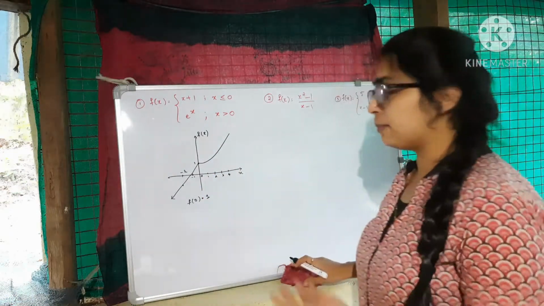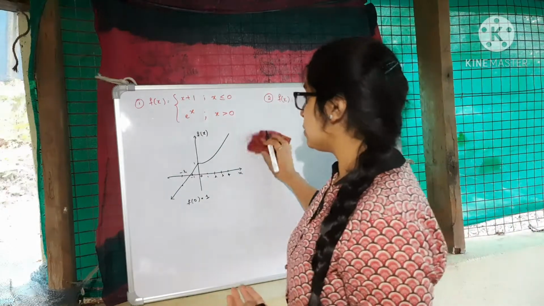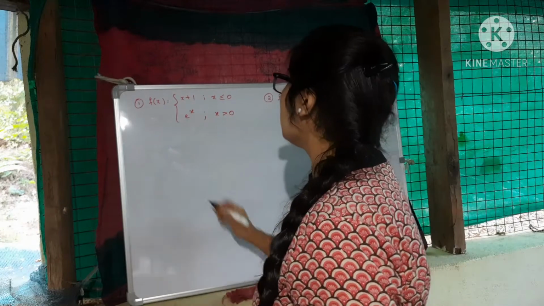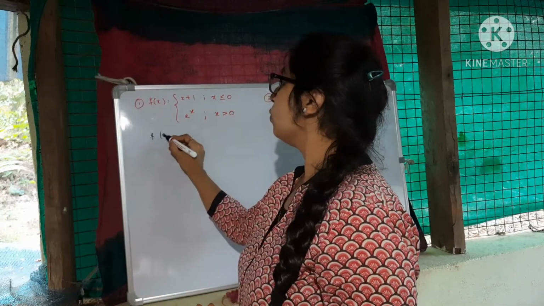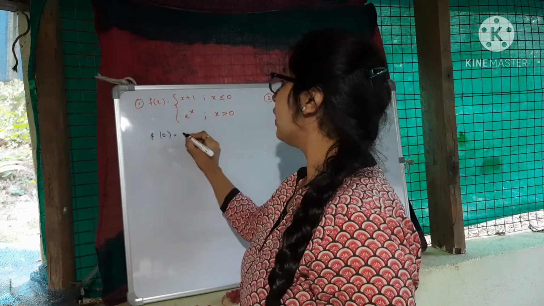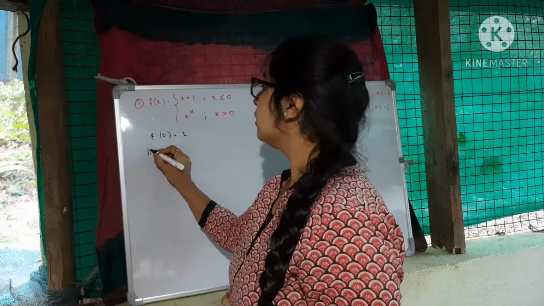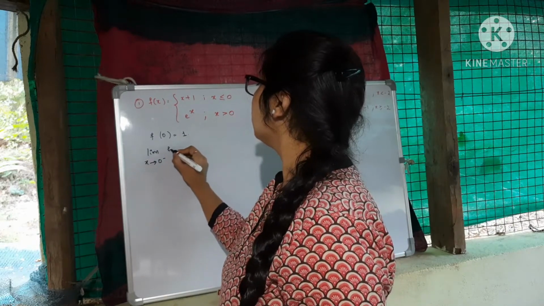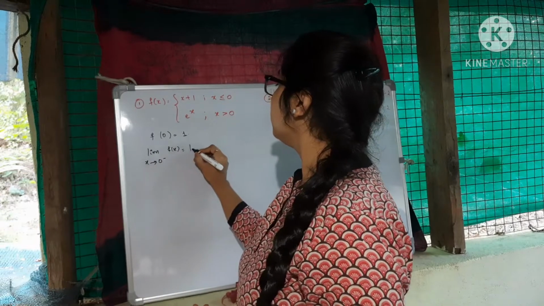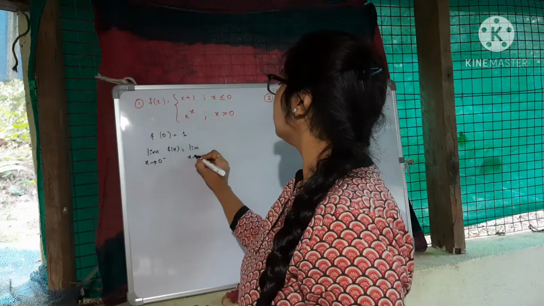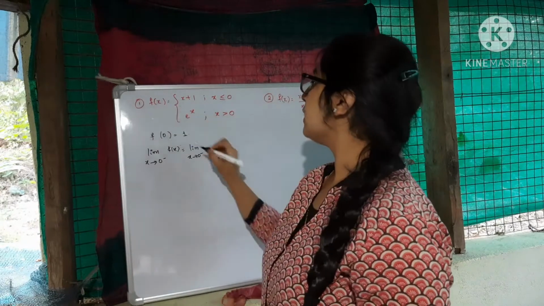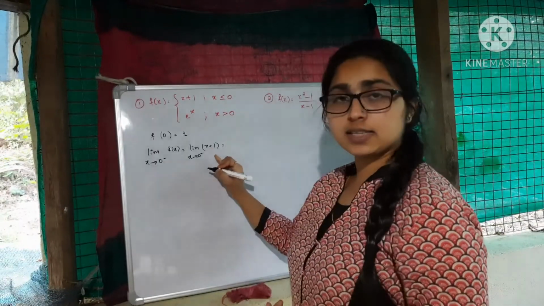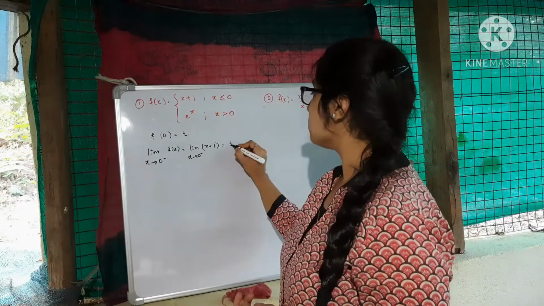By mathematical definition, we will try to solve this. So f of 0 is equal to 1. Next, if you consider the left hand limit, that is the limit of f of x, which is x plus 1. Here if I substitute x as 0, then it becomes 1.